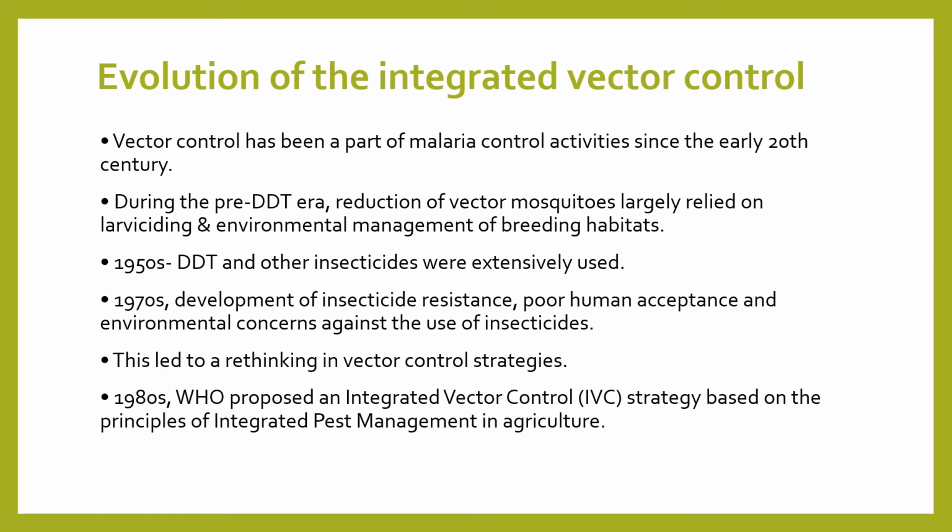But because of this, in the 1970s, there occurred development of insecticide resistance, poor human acceptance and environmental concerns against the use of insecticides, which led to a rethinking in vector control strategy. So in the 1980s, WHO proposed an integrated vector control strategy based on the principles of integrated pest management in agriculture. So the concept of integrated vector control came in the 1980s.